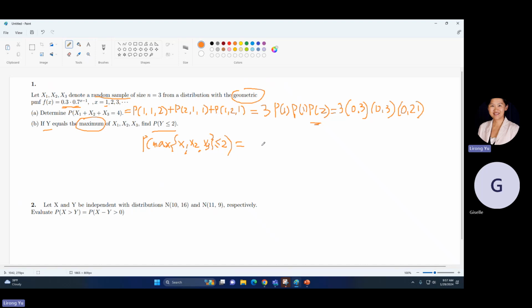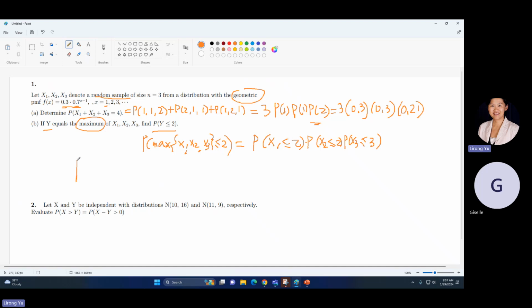So all you have to do is make sure that x1 is less than or equal to 2, and x2, and x3. This is an 'and' relation, that's why I multiply. I do multiplication because they are independent. So that's what we are really supposed to calculate.